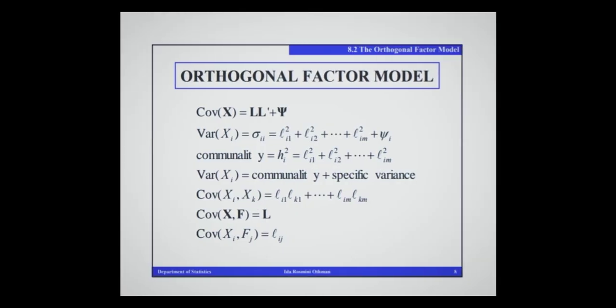Let's say nak cari variance untuk first variable, so dekat sini will be L11 square, L12 square sehingga L1M square plus psi 1. Okay, untuk cari variance of X1.